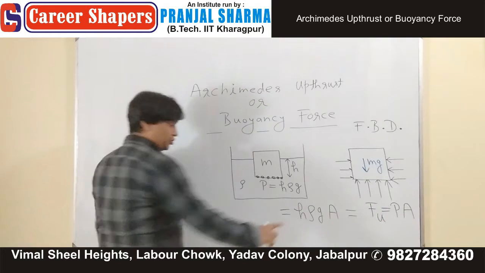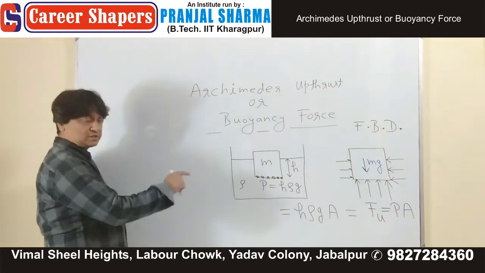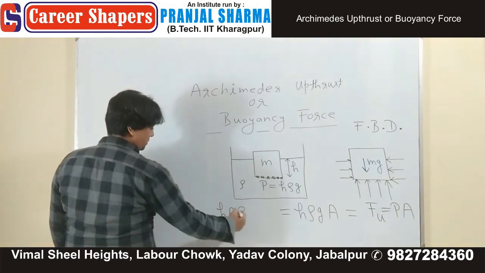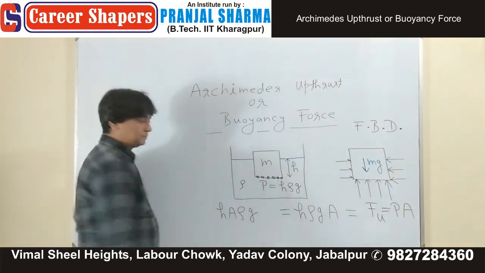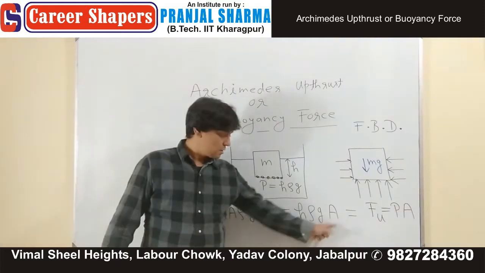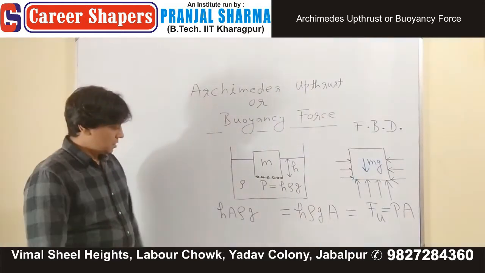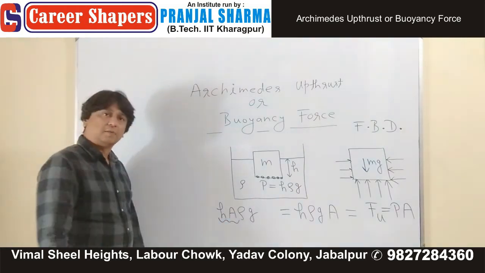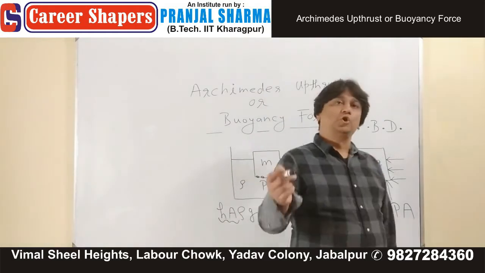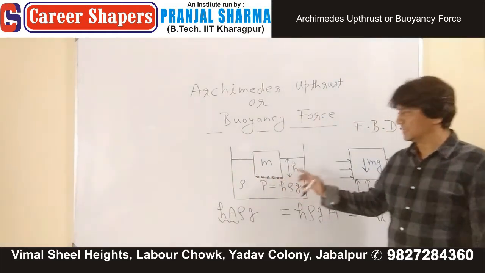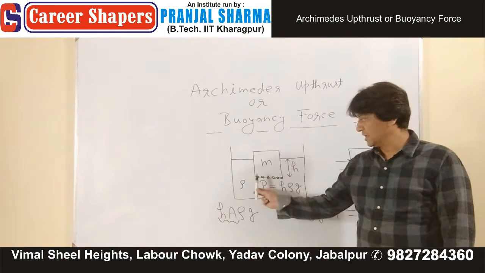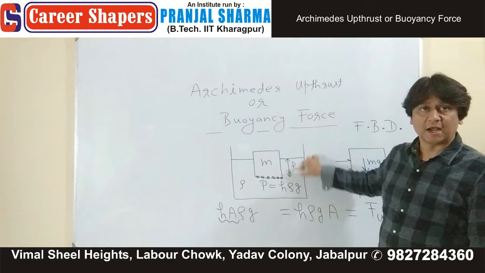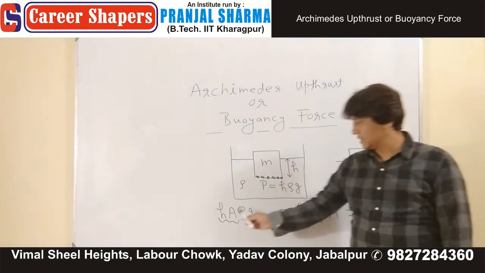Let's group h and this A together. It becomes hA rho g. Look at this part, hA. What is hA? hA is volume of object which is submerged inside the liquid. Base is A, height of the object which is inside the liquid is h.